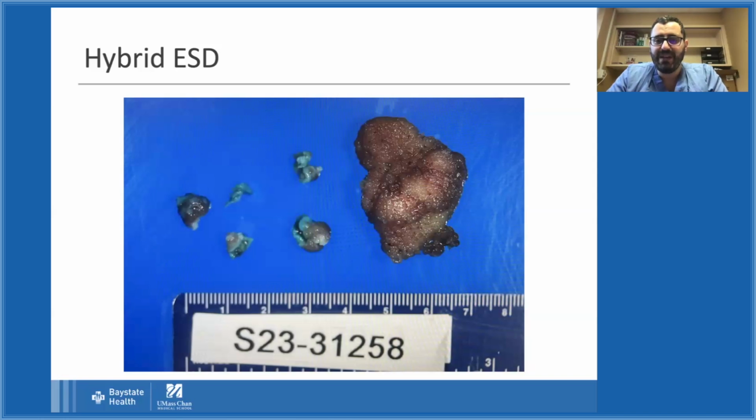So if I remove the entire polyp in a single piece, when I send it to the pathologist to look at it under the microscope, he will be able to tell me if the cancer is fully removed or not, right? But if I remove the polyp with the EMR in pieces, imagine I can cut through the cancer with the snare. In that case, the pathologist will not be able to tell me if the cancer is out completely or not. That's the major advantage of ESD over EMR.